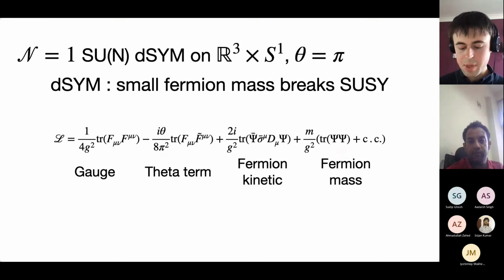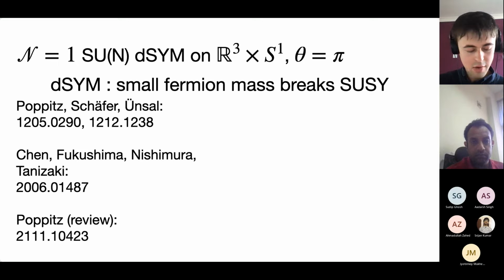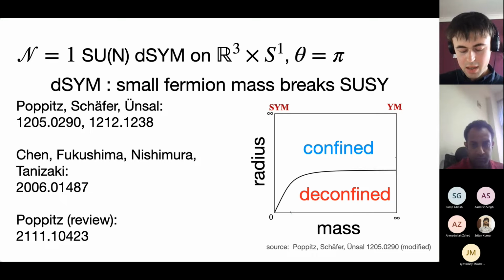In the supersymmetric theory, this term doesn't exist, and then we provide a small mass to deform the theory. This was first investigated by Poppitz, Schäfer, and Ünsal in these papers. Chen and his collaborators looked at confinement and deconfinement, and there's a nice review by Poppitz, which came out last year. And this is the phase diagram.